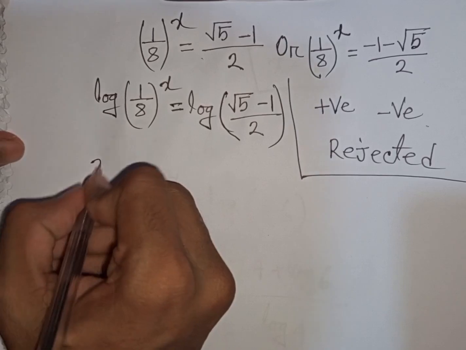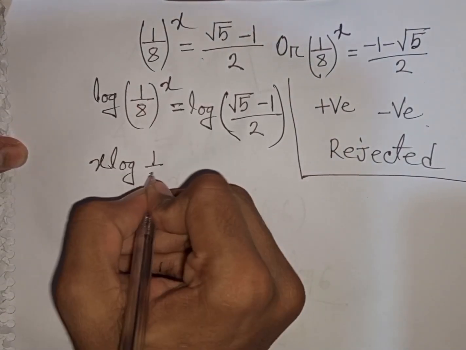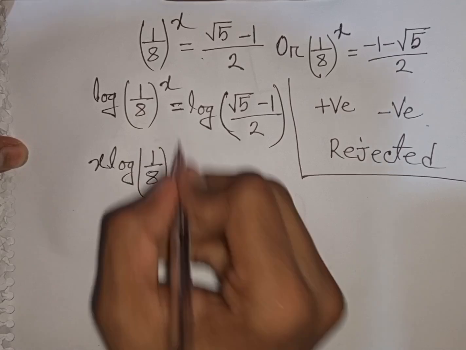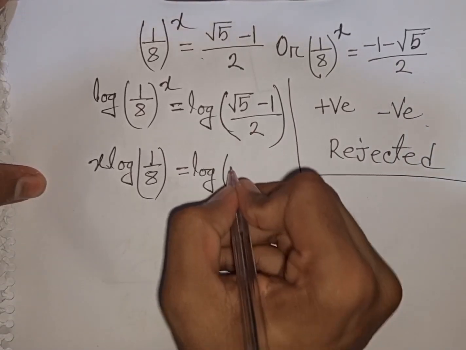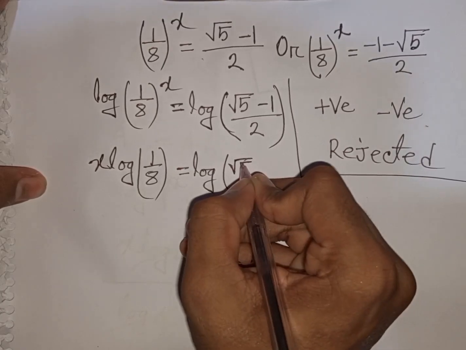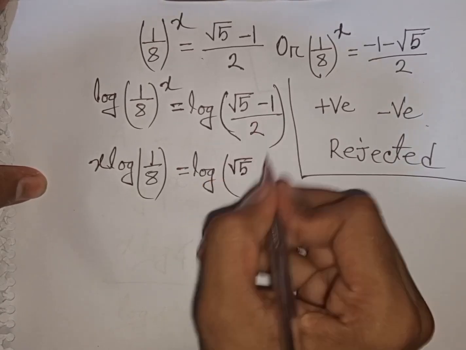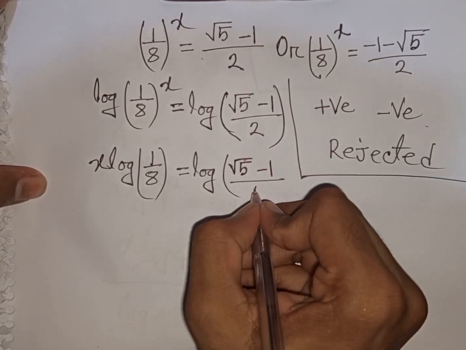So, it will be x log of 1/8 is equal to log of (square root of 5 minus 1) divided by 2.